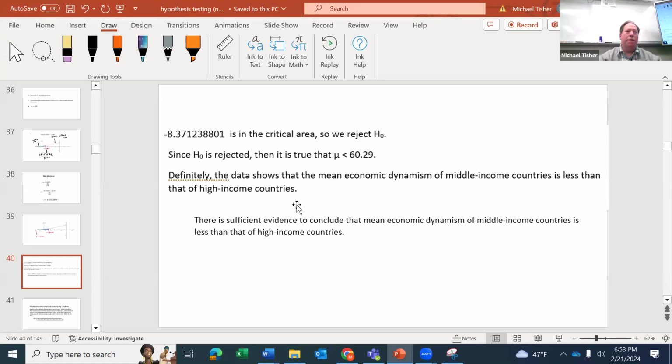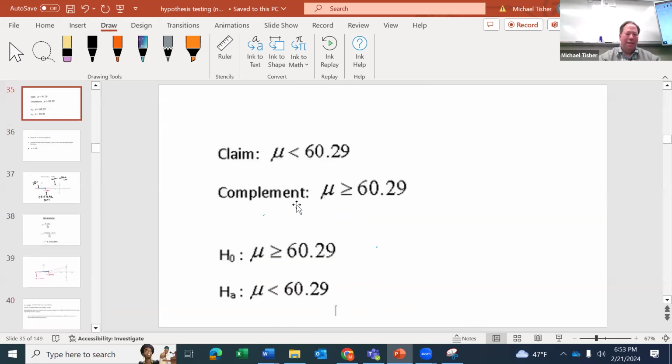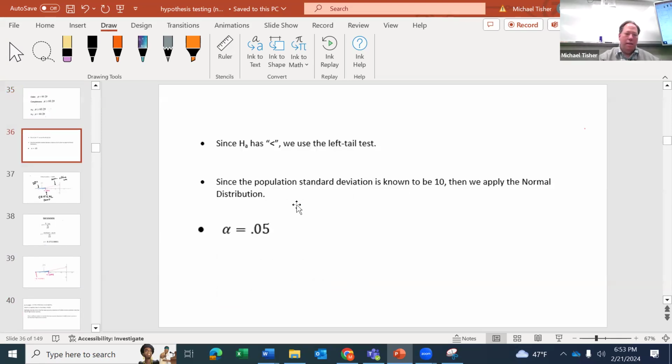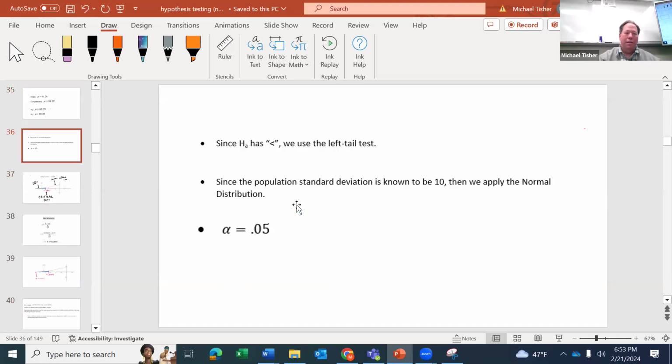And since H0 is rejected, who's the winner? HA is the winner, right? So we can definitely say that mu is less than 60.29. Say again?